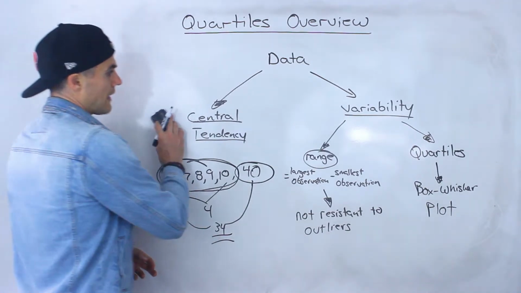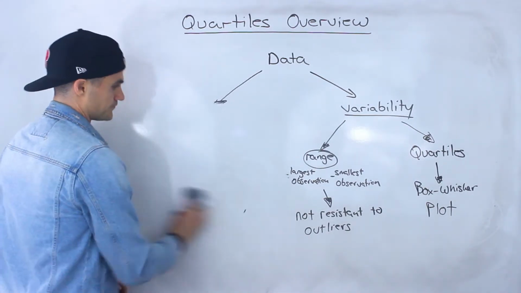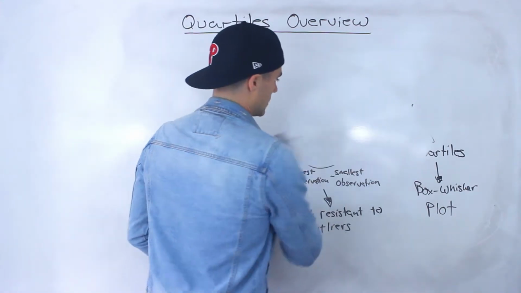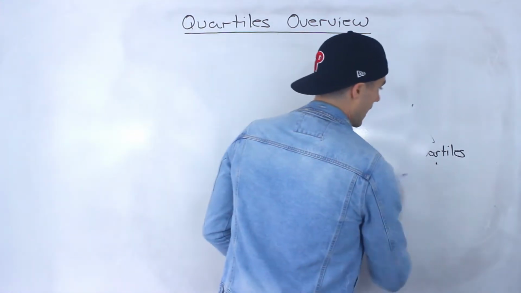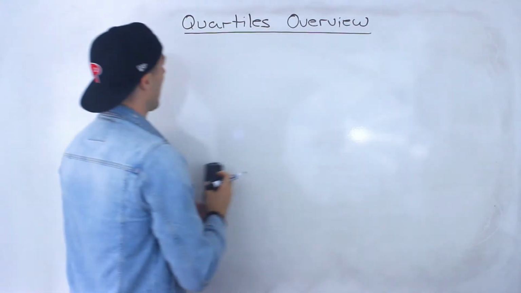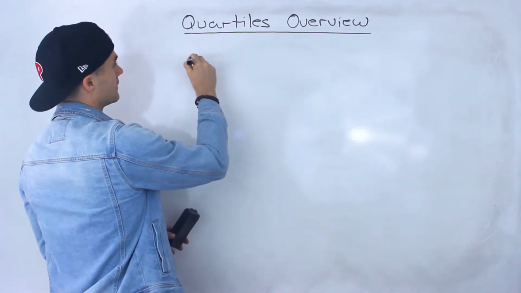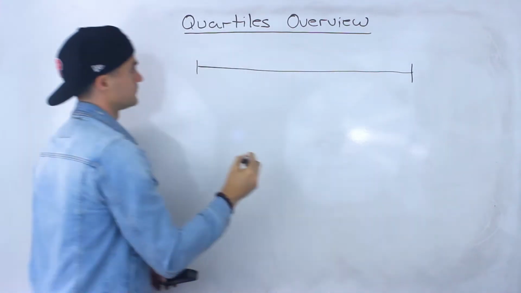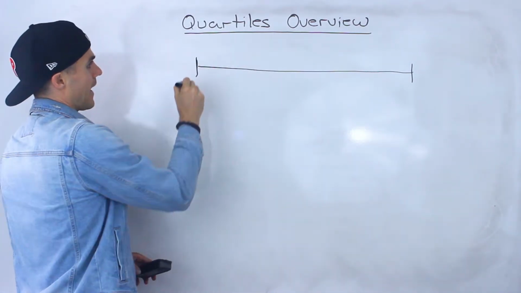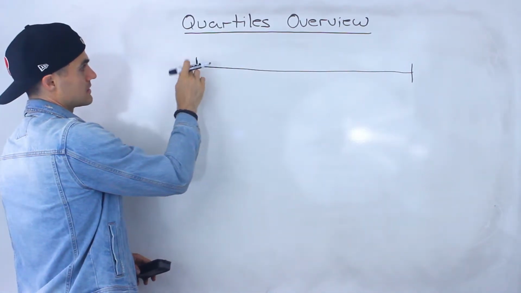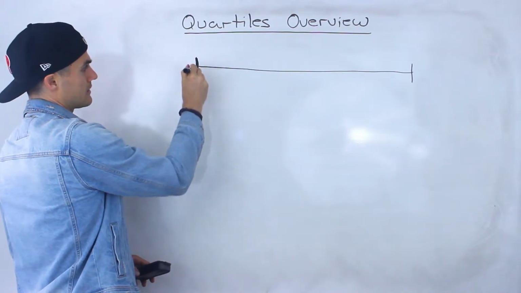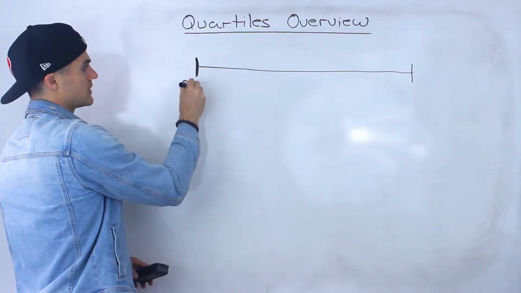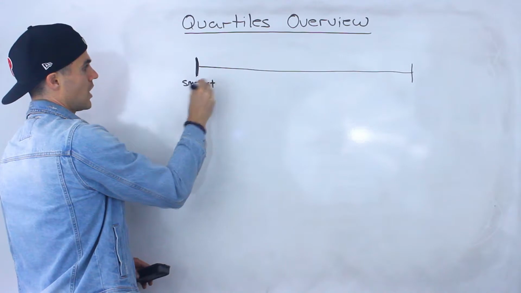So the way that quartiles work is, let's pretend that you have a bunch of data. And let's just represent it with this line over here. And this line represents the smallest observation.